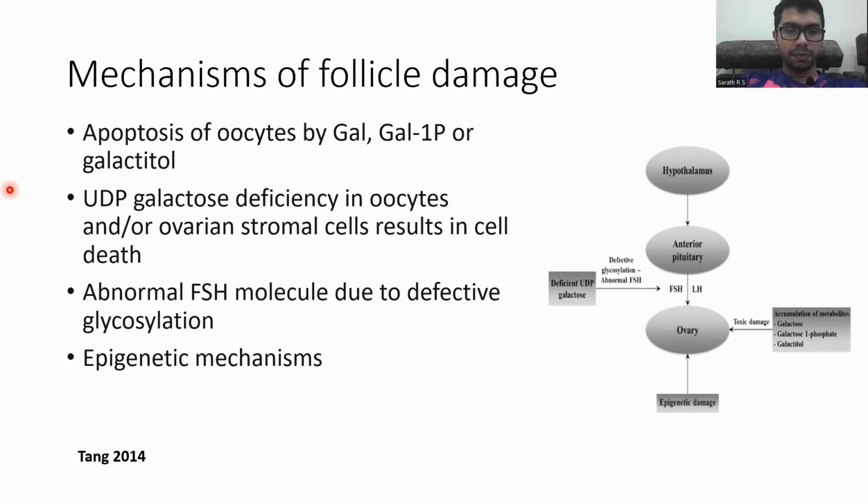Third one is if there is a decrease in the levels of GALT enzyme, there will be defective glycosylation of the FSH molecule. So defective glycosylation will result in impaired downstream process of FSH binding, resulting in poor activation of the ovarian follicles. The fourth one is related to epigenetic mechanisms, which is beyond the scope of this lecture.